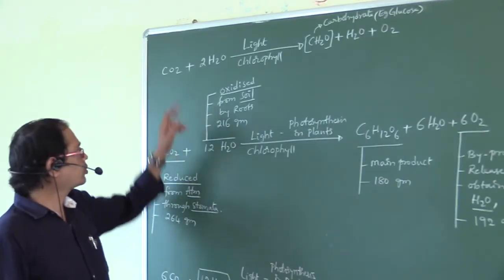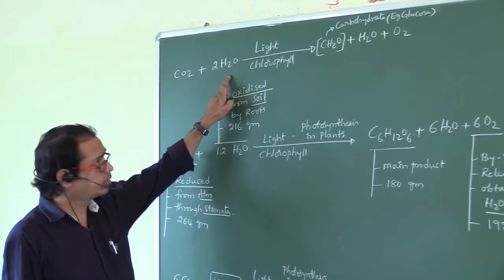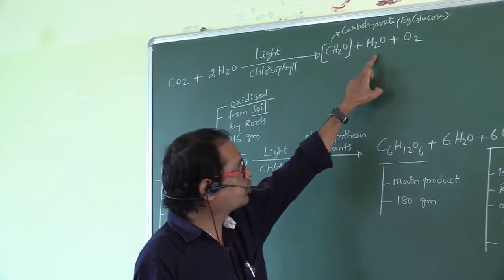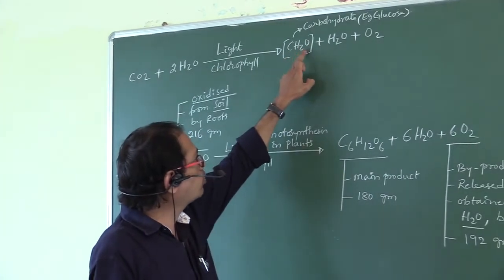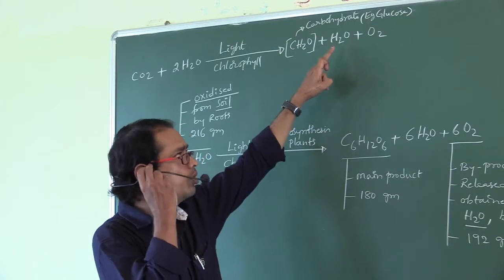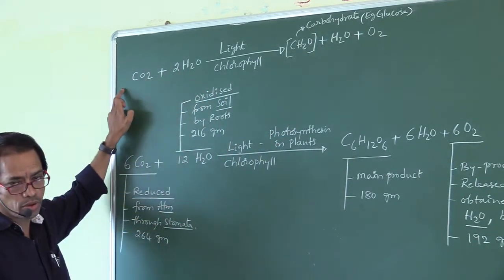Now look at here, my dear students. CO2 plus H2O will give rise to a carbohydrate plus H2O plus oxygen. CH2O means it is a carbohydrate, for example glucose. This is for 1 molecule of CO2.